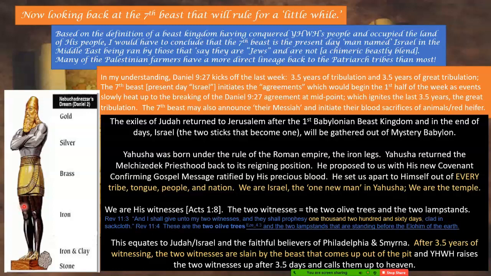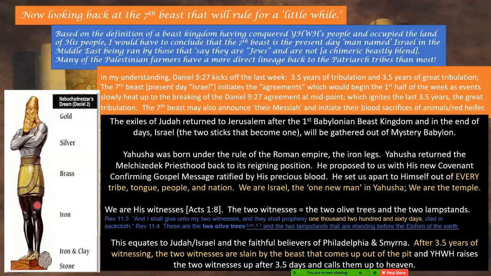It's not only beast kingdoms rising up, but he restored the Melchizedek priesthood back to the reigning position. He proposed to us with his new covenant confirming gospel message ratified by his precious blood.